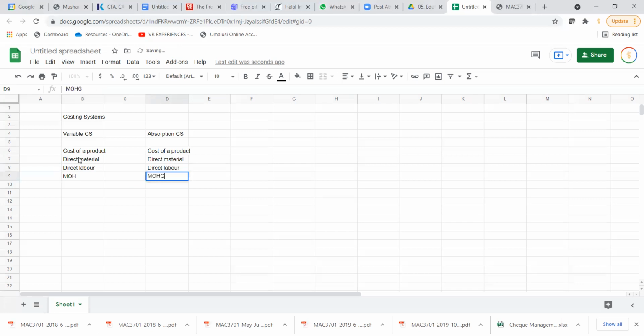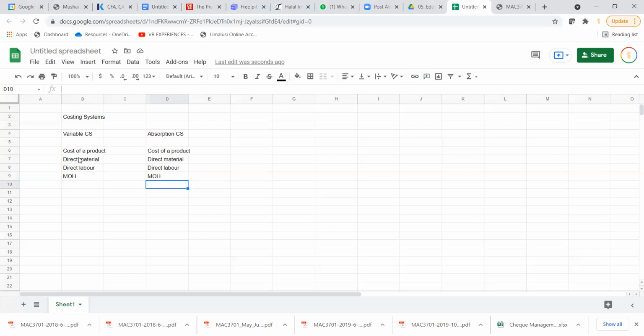So whether you're using the variable costing system or the absorption costing system, the cost of a product is made up of three things: direct material, direct labor, and manufacturing overheads. Whenever you read a question and you see the cost of a product, always tell yourself that.